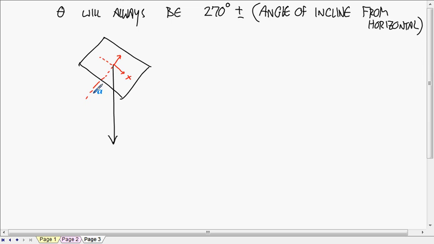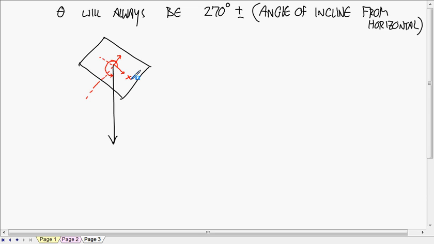That's the 270 axis. And you're trying to figure out whether you have to go farther counterclockwise to get to the weight vector or not as far. In this case, you're going from the positive x-axis counterclockwise all the way this way. You get to 270. You still haven't hit the vector, so you have to keep going. And so in this case, it's 270 plus that angle of 40. So it's 310.